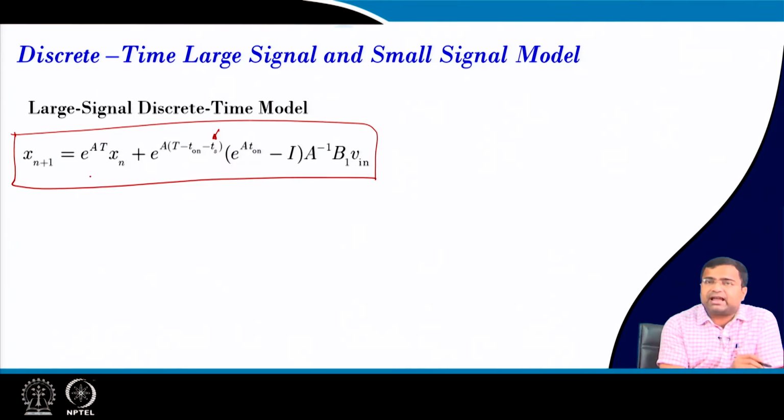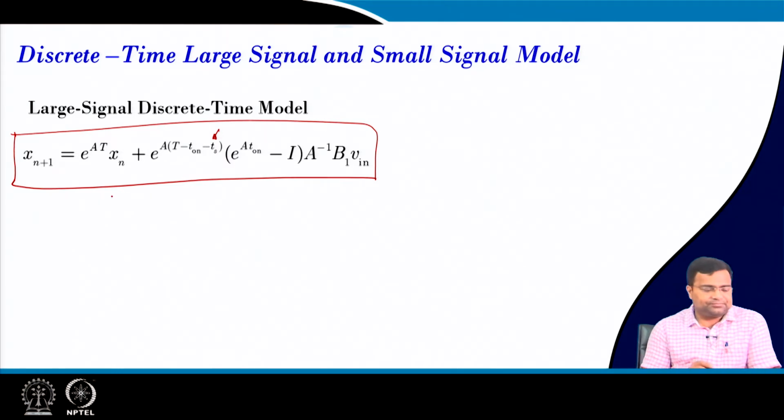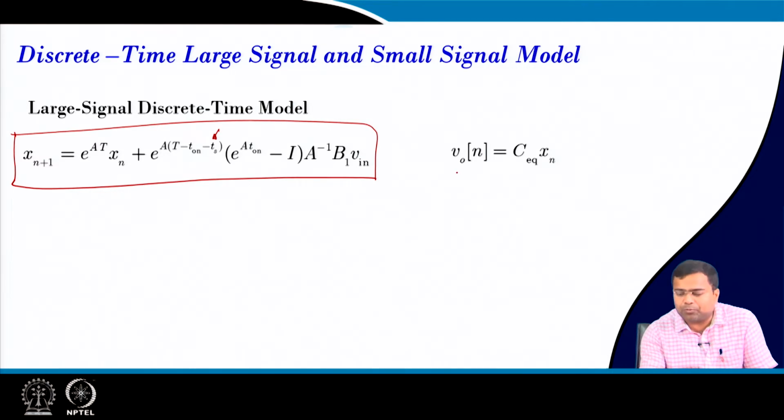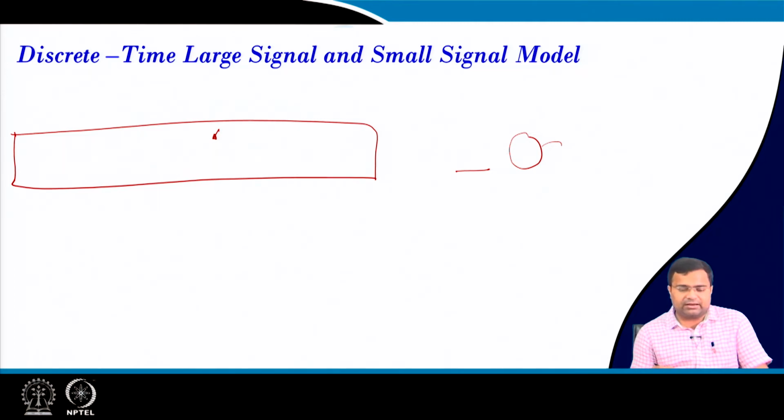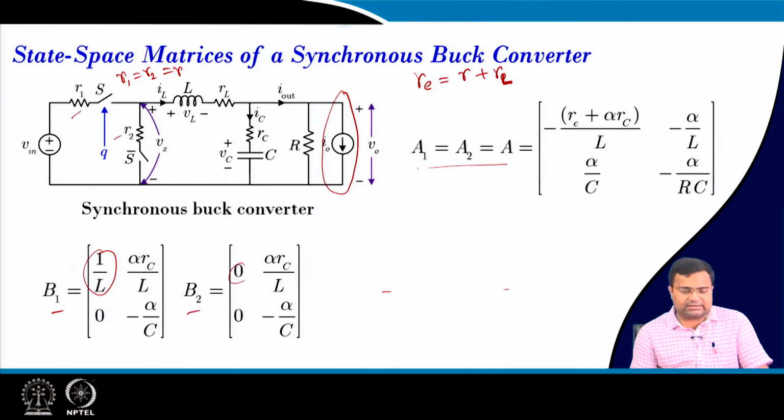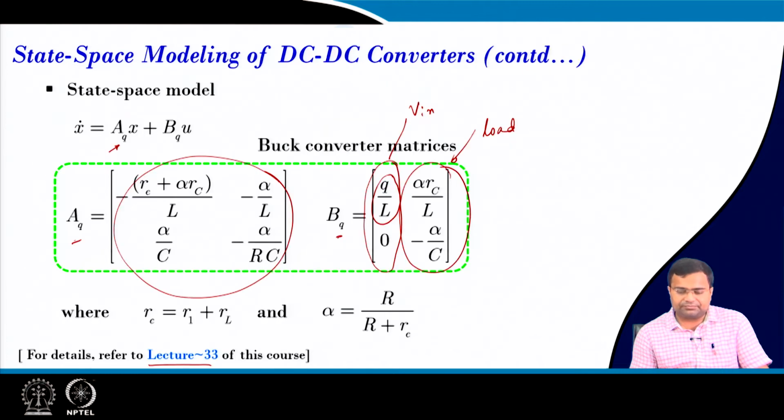So, you can write the expression like this, where output voltage is a function of state multiplied by the C matrix, that means C into X, and the C equivalent matrix we have also discussed.